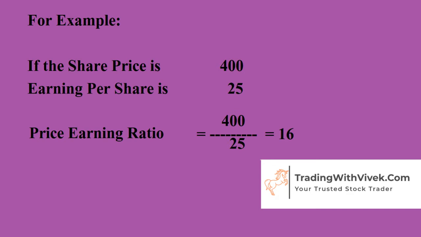It means if the company keeps on earning 25 rupees per share, it would require 16 years to earn an amount equal to the investment. So this was the whole purpose, to know the payback period on the investment.